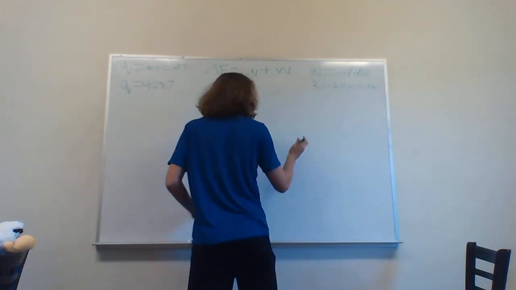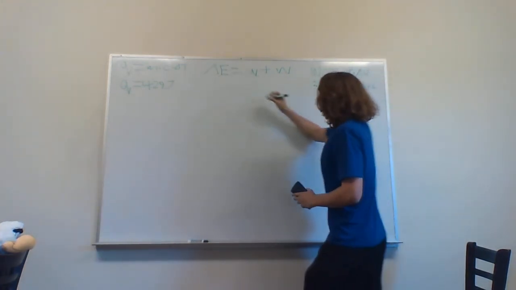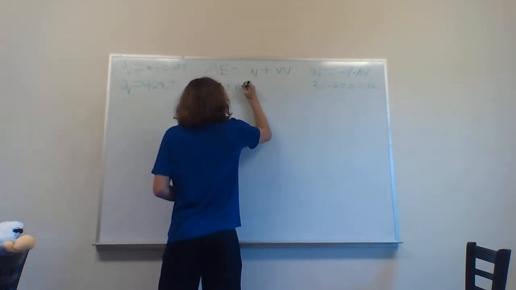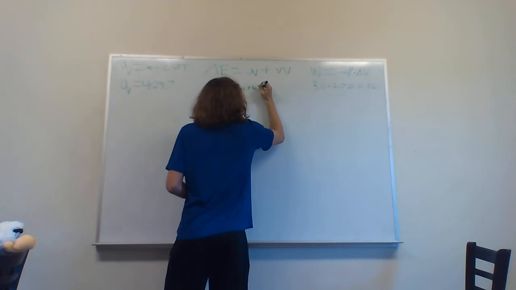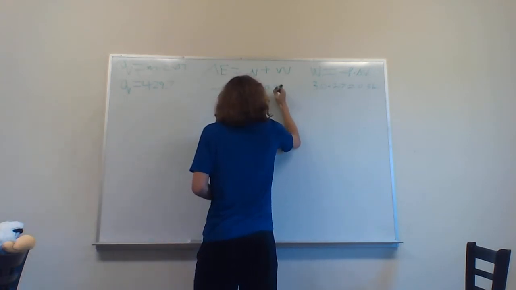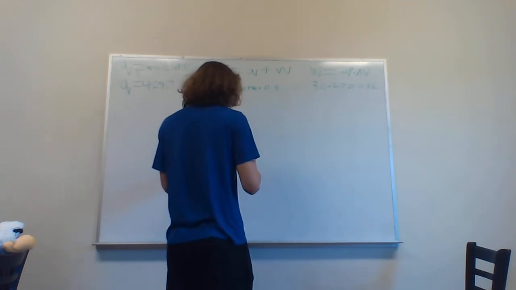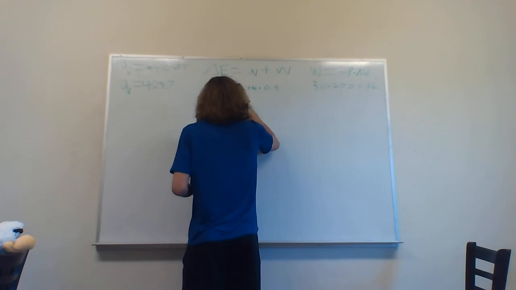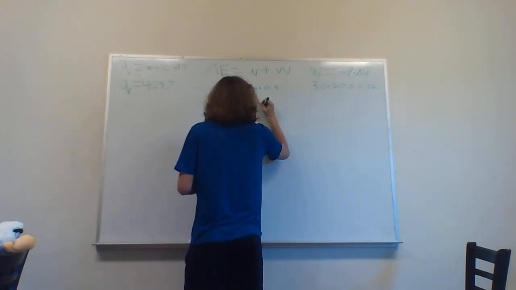Anyways, let's plug our numbers in. I'll do it in the middle so it's easier to see. So negative 2 atm times 0.3, and that gives us 2 times 0.3 equals 0.6 atm.